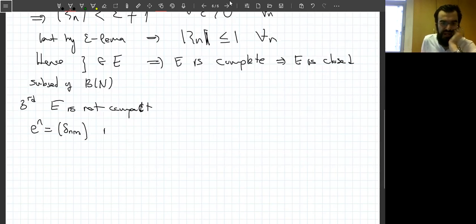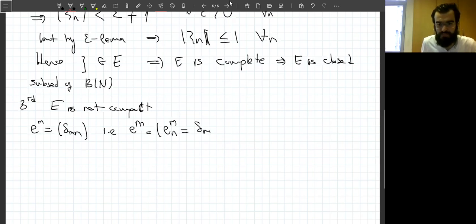I mean, e_n, with superscript n. This is a canonical delta function: if m is n, then this is 1, otherwise it is 0.